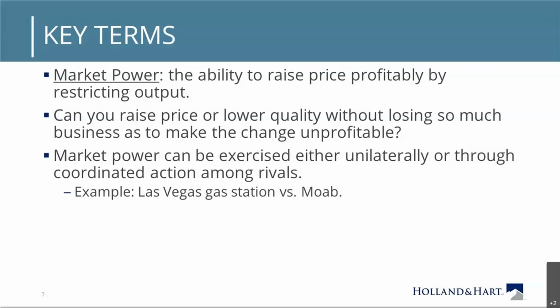And so people going to the freeway, if they did not fill up in Moab before they left, have only this option. And the owner of the station had realized that he could raise prices profitably and not lose enough business so as to make that unprofitable. And so in that instance, that gas station has market power.